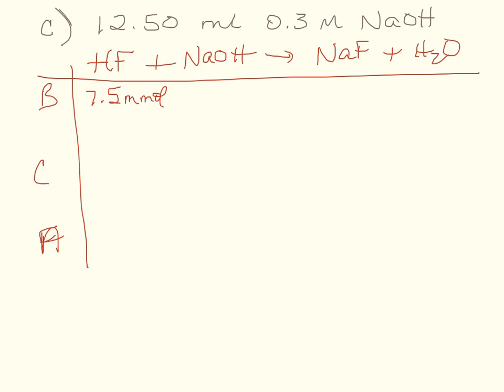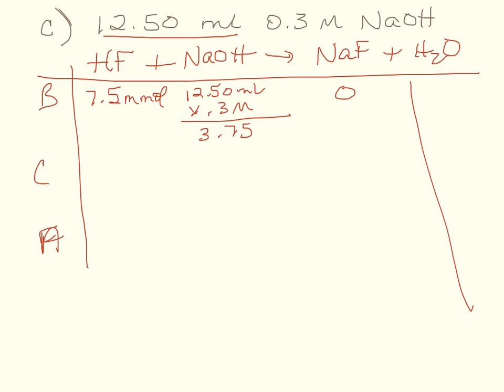We've added a little bit more sodium hydroxide, so you need to calculate how much of that. We have added in this step 12.50 milliliters, and it is a 0.3 molar solution, and so the millimoles we have of sodium hydroxide is 3.75. Of course, we have no sodium fluoride to begin with. And as the last time, sodium hydroxide is a strong base.